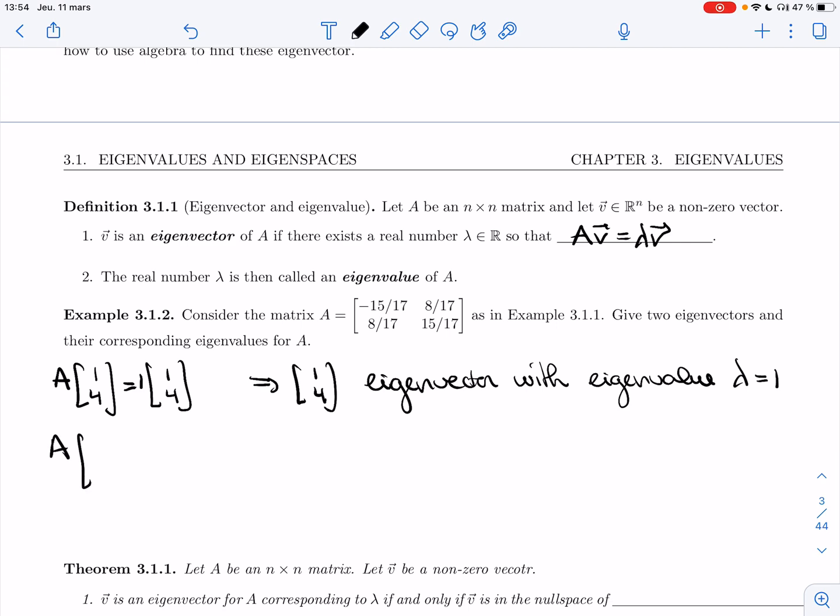The other vector we had was (-4, 1), and we found that this one gave (4, -1). So it is minus 1, that's why it was flipped, times the original vector. And so the vector (-4, 1) is an eigenvector.